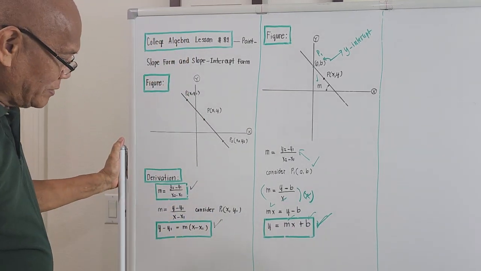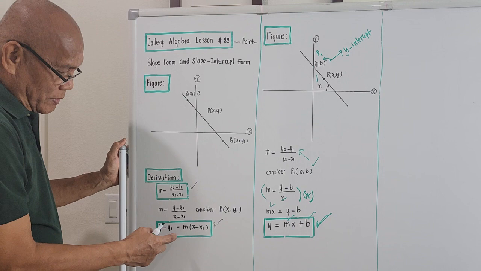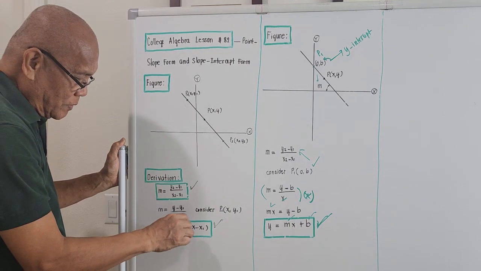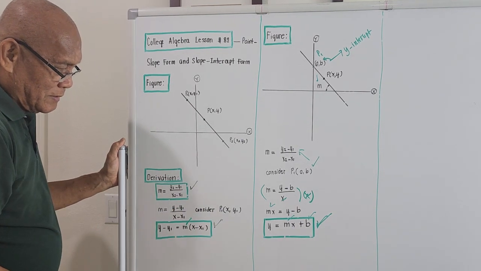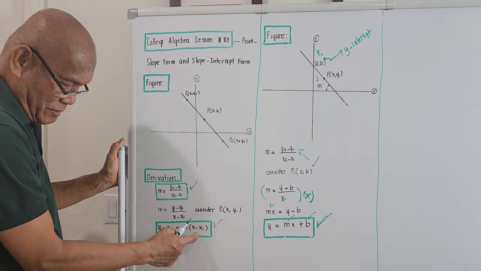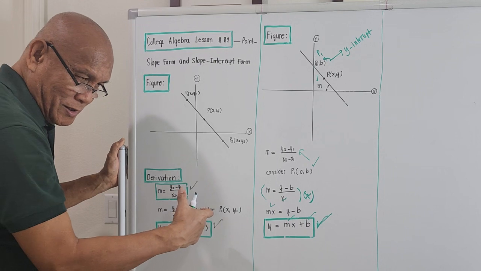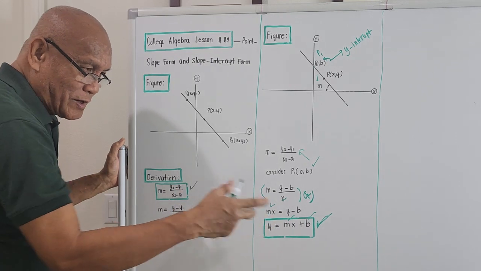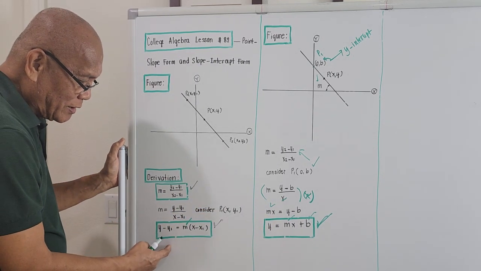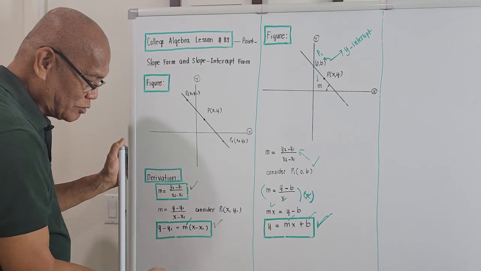And for the first one, if we compute for the slope, considering the first point, to solve again for the slope, the required equation will be y minus y1 equal to m times the quantity x minus x1.